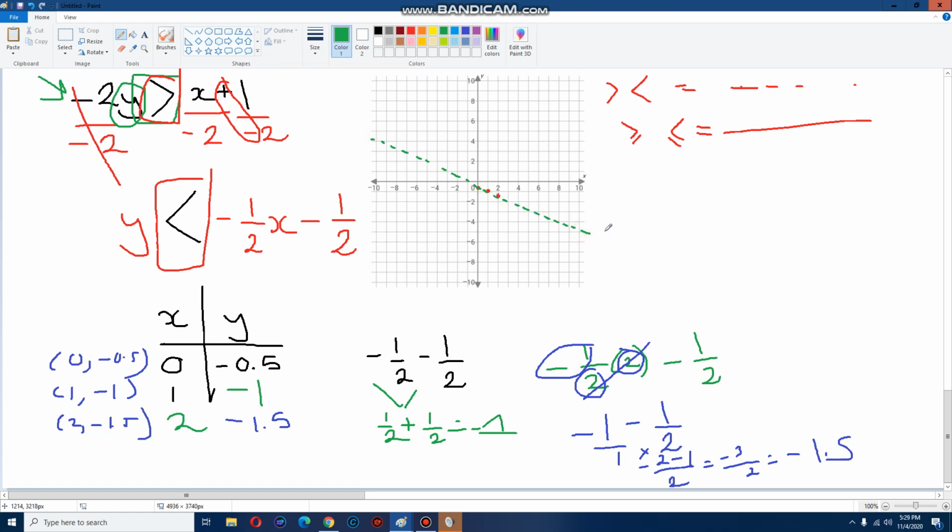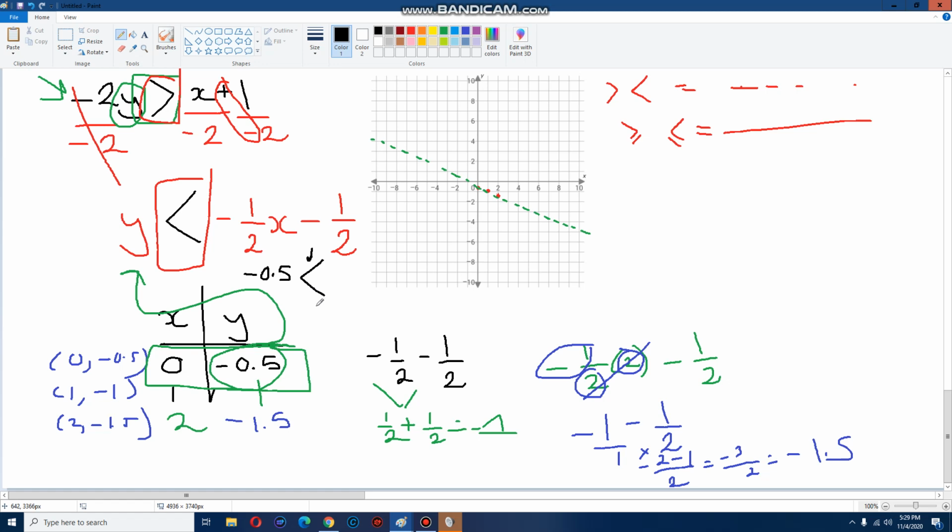And now, let us find out what region to shade. How do you do that? You go back to where x is equal to 0. This is your y-intercept. You take this value and you put it over here. So minus 0.5, and we're looking for numbers smaller, because this means smaller than minus 0.5.